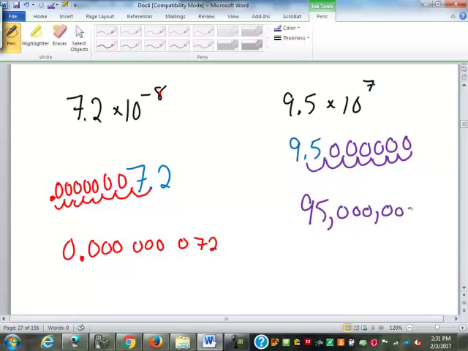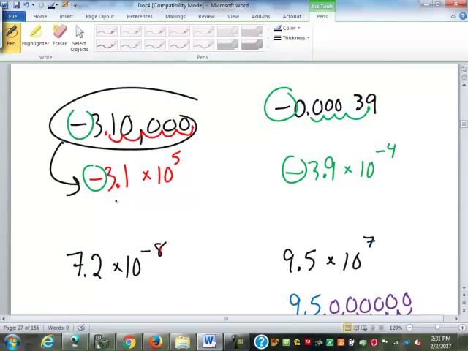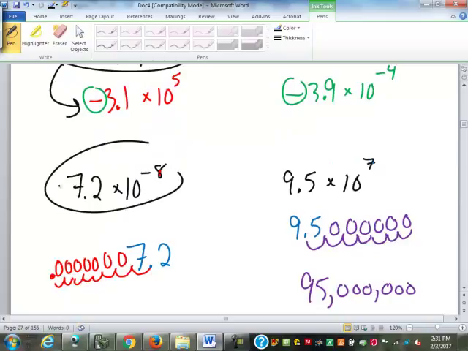So 95 million. Any questions? So that is our scientific notation. We can convert from standard notation into scientific notation, and we've converted from scientific notation back into standard notation.